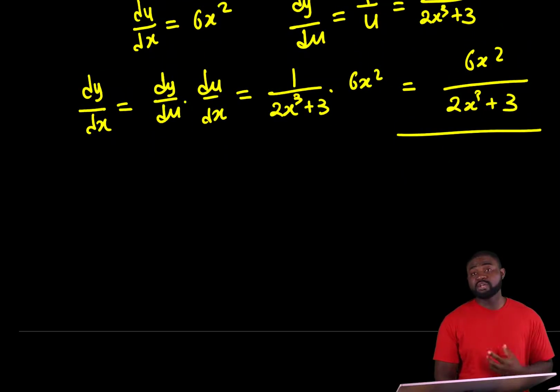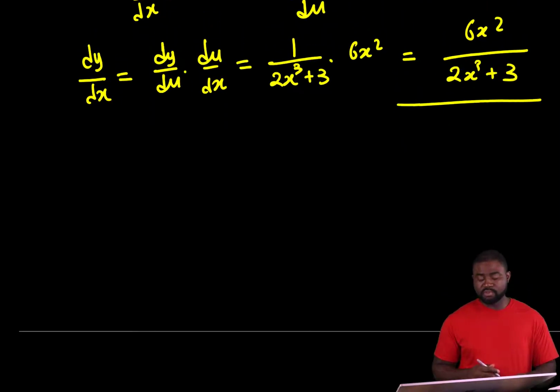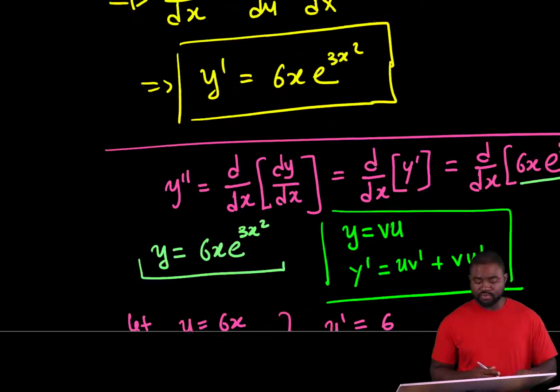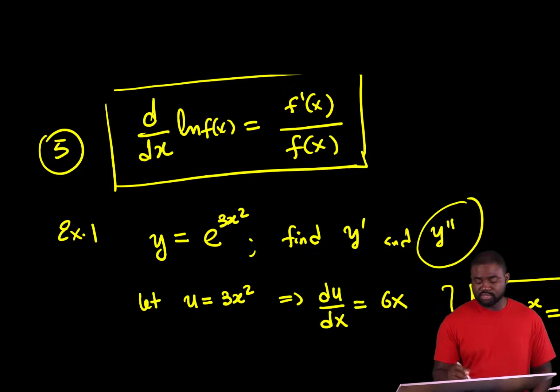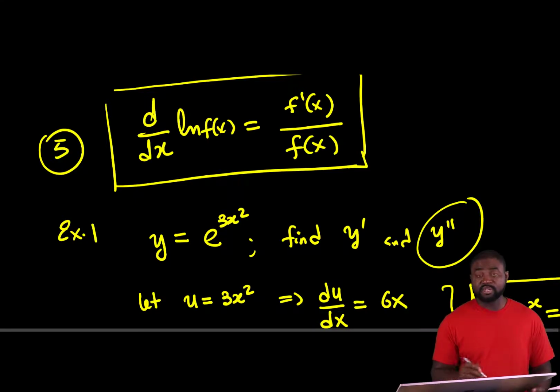An easy route that you can take is just to use the formula that we derived above if you had forgotten. Remember that the derivative of ln f(x) is just going to be equal to f prime of x divided by f of x.